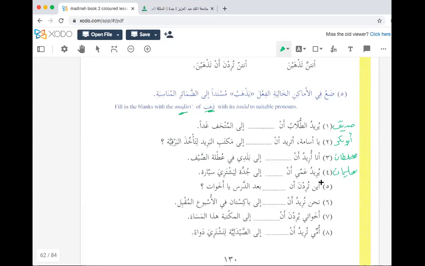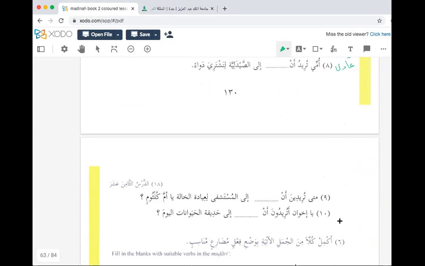Number 5 is with Thaqib. Number 6 is with Sadiq. Number 7 is with Umranu. And number 8 is with Adil. Number 9 is with Akram.